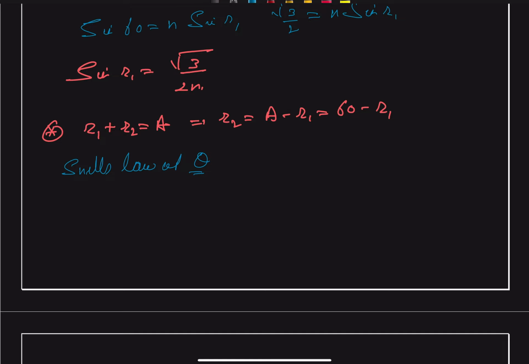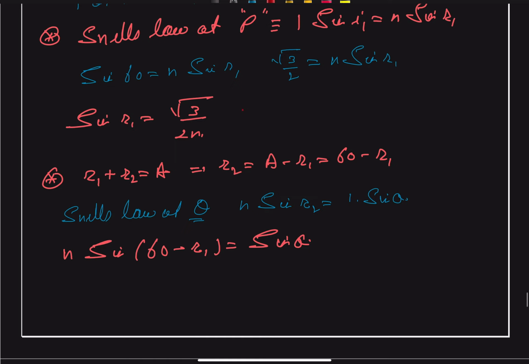Here we have n times sine of R2 is equal to 1 multiplied by sine of theta, and we substitute R2, which is 60 minus R1. So we get n sine of 60 minus R1 is equal to sine of theta, and sine of R1 we already know is square root of 3 divided by 2n.